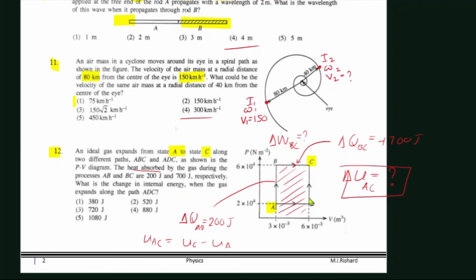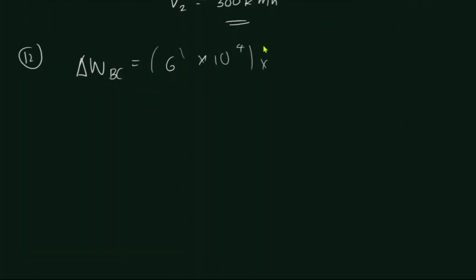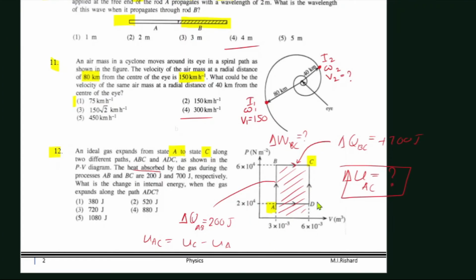This difference is 3 into 10 to the power minus 3. This is going to be 6 into 3, which is 18, so 180 joules, right? We have found that out. I have found the work done by the gas in the B to C process.